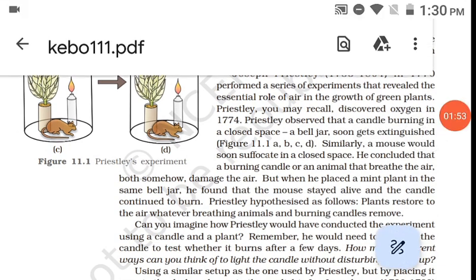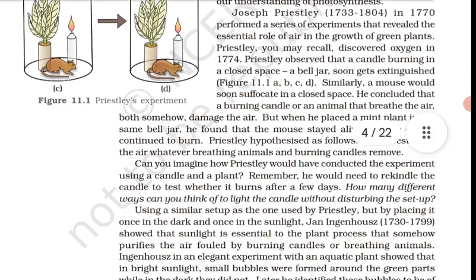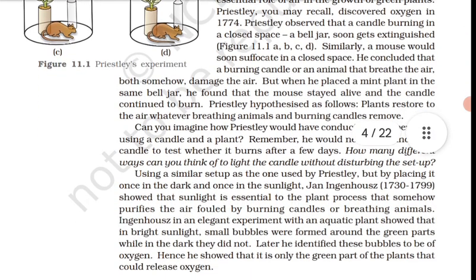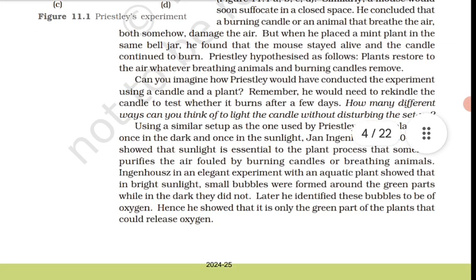On testing for the presence of starch later in the two parts of the leaf, you must have found that the exposed part of the leaf tested positive for starch, while the portion that was in the tube tested negative. This showed that CO2 was required for photosynthesis. Can you explain how this conclusion could be drawn?